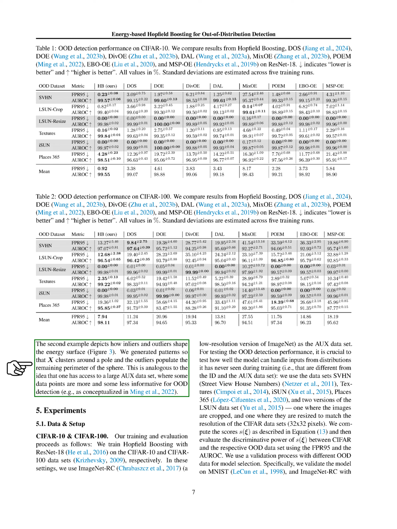We calculate scores using a specific equation and assess the model's discriminative power between CIFAR and OOD datasets using FPR95 and AUROC metrics. Model selection is validated on MNIST, ImageNet-RC, and noise-added datasets.